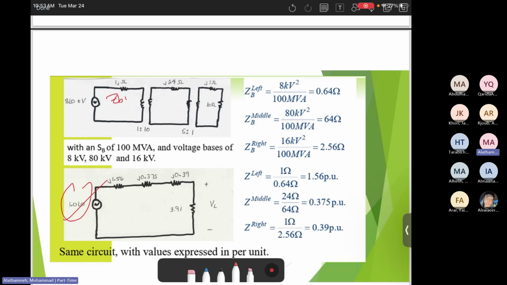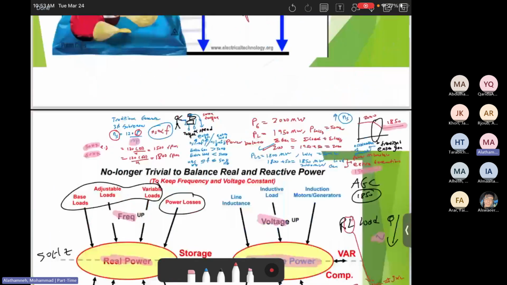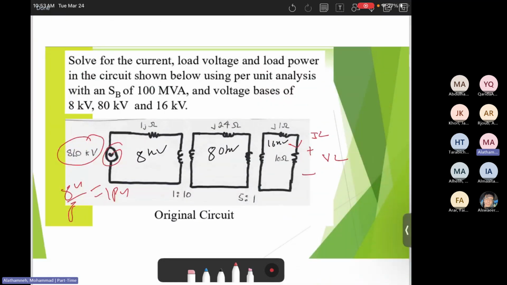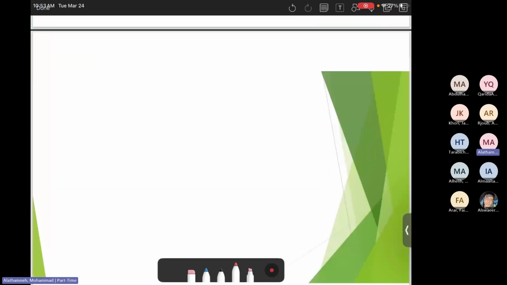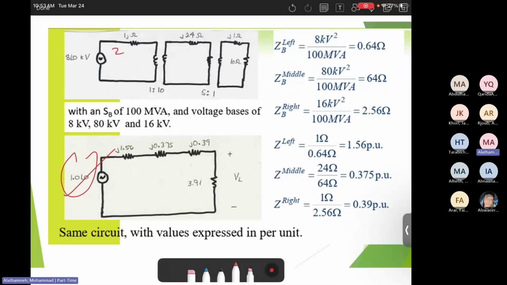We need to calculate the Z base here, which we call Z base left. Then we calculate here Z base middle. Then the last one, Z base right.